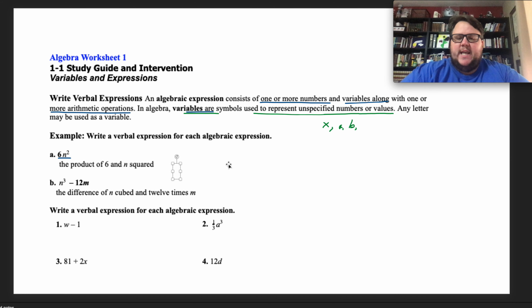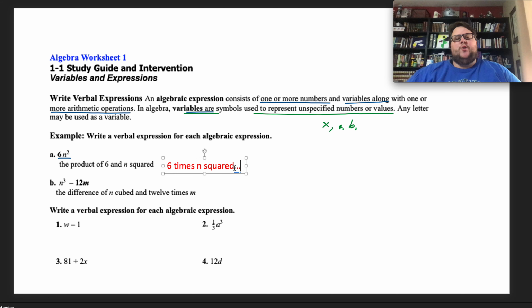I could have also said 6 times n squared. That's one way to write it. I could have absolutely written it that way. There's other ways to write it. It's not letting me do it.